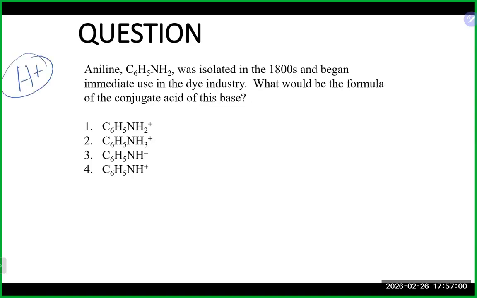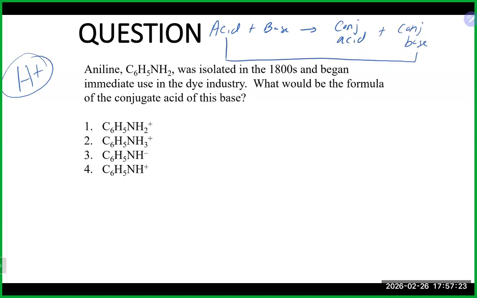The real key is should you put it on or should you take it off, depending on what the problem is. So understanding the relationships that we talked about earlier, which is if you have an acid plus a base on one side, they will have a conjugate acid on the other side and a conjugate base on the other side. And the acid on this side is related to the conjugate base, and the base is related to the conjugate acid.